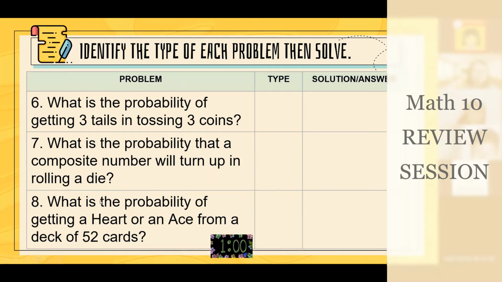So those are the different types, diba? Simple event, mutually exclusive events, non-mutually exclusive events, dependent or independent. So there are 5 types of probability. Okay, answer number 6 first.